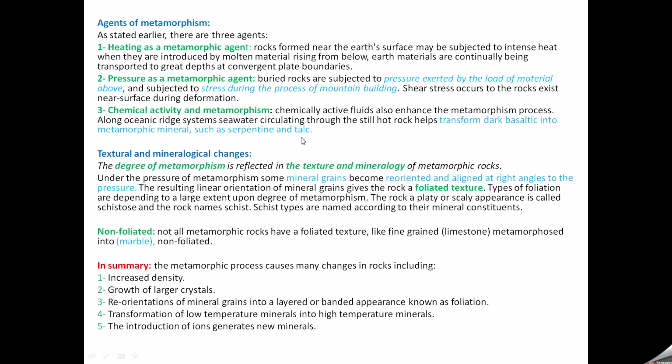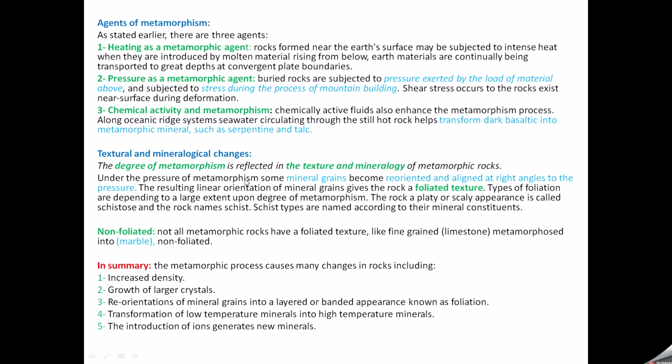So at the mid-oceanic ridges, the magma coming from the bottom is very hot, and the seawater is cold, and the circulation between hot and cold will transform basaltic rock into metamorphic rocks, serpentine, and talc.